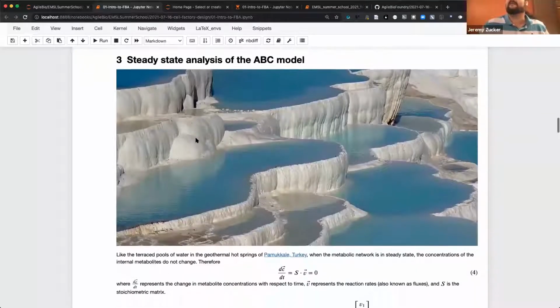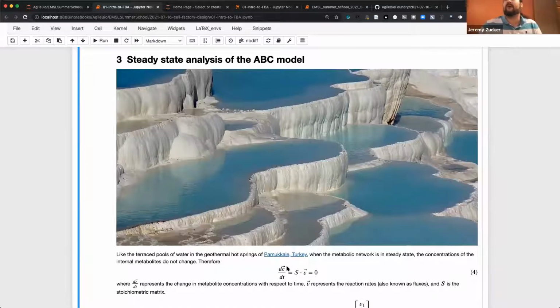Okay, so now that we have a model, the question is, what can you do with it? Like the terrace pools in the geothermal hot springs of Pamukkale, Turkey, the metabolic network is in steady state. When the metabolic network is in steady state, the concentrations of the internal metabolites do not change.